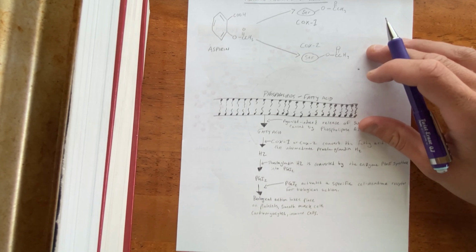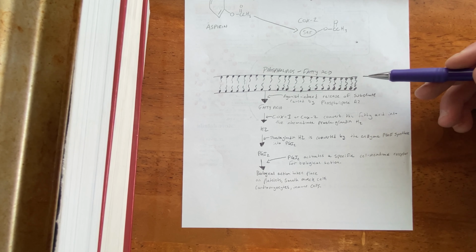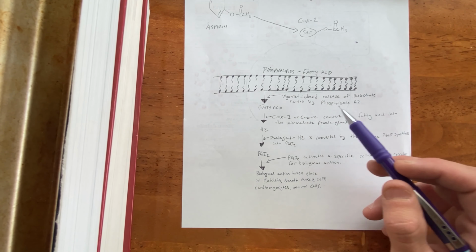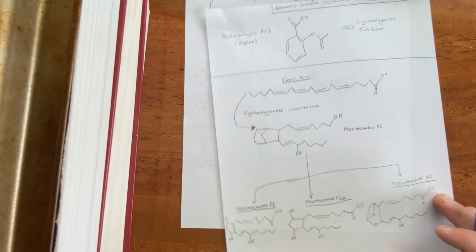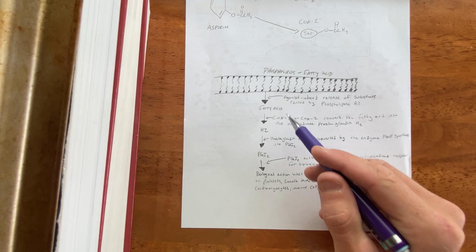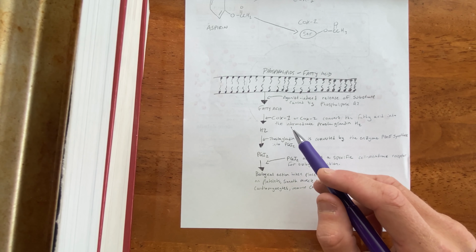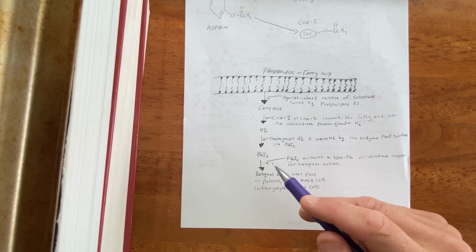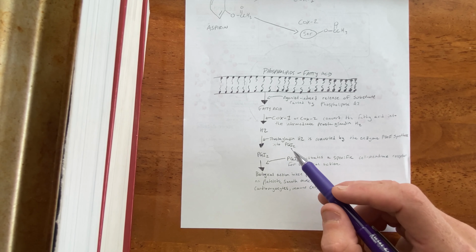And then lastly, finishing it up here, here's our membrane again, and we have our phospholipids, and they're cleaved off by phospholipase A2. And then just like I talked about earlier, you end up with your fatty acid. That's what we have here. The COX-1 or COX-2 then convert this fatty acid into the intermediate prostaglandin H2. From that intermediate, it's converted by the enzyme PGE synthase into PGI2.